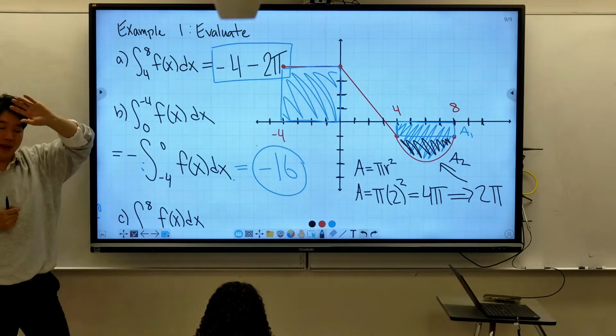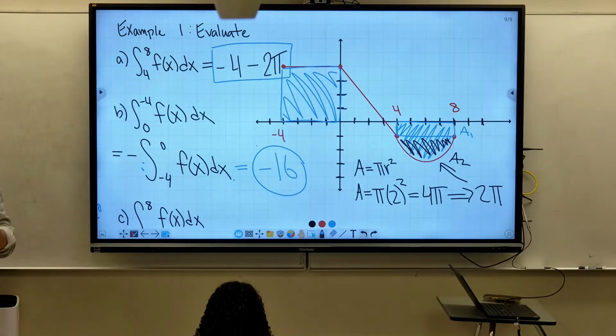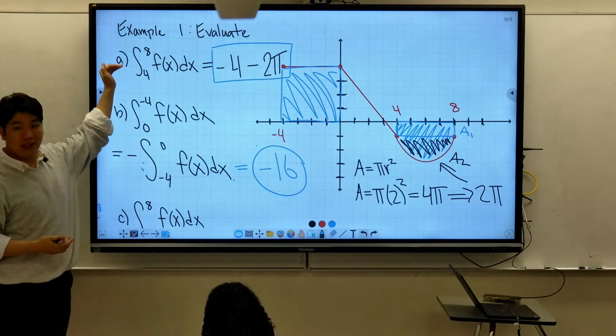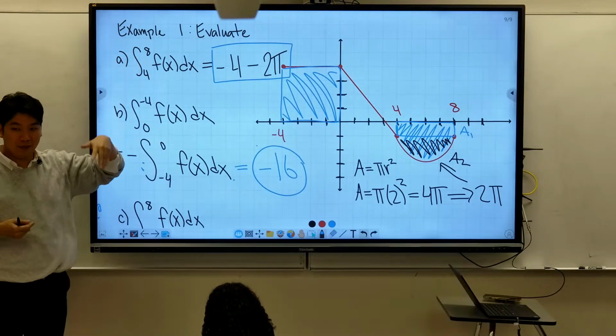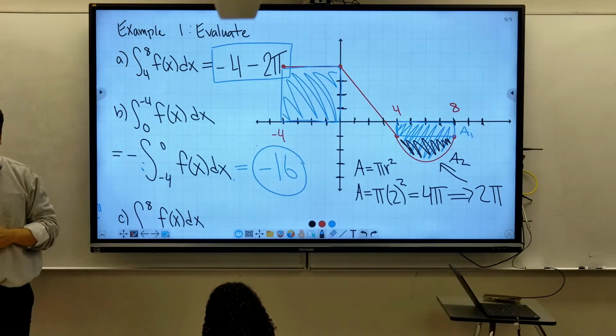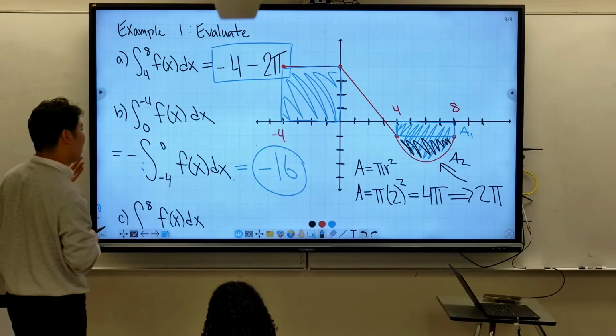You're going to hear me say lower bound and upper bound. Usually we think lower bound, smaller number; upper bound, bigger number. So is it all depending on how the integral is written? Yes, we're being careful about not overlooking it.